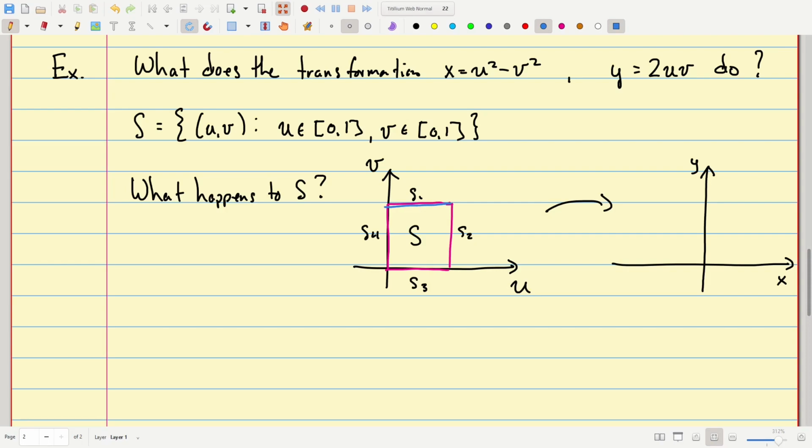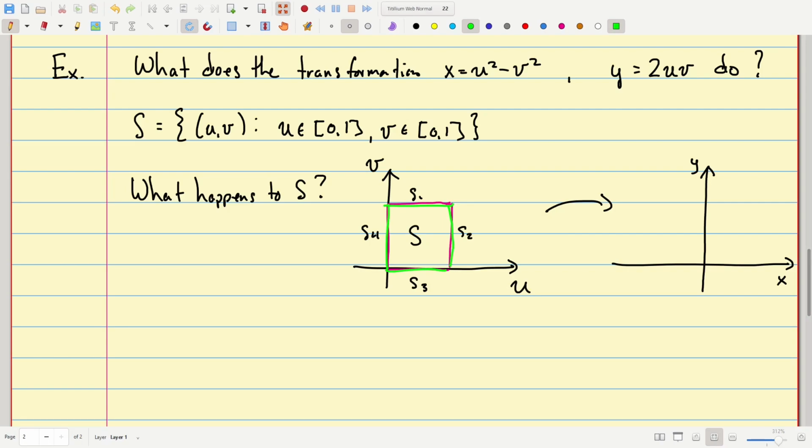So what it's going to do is deform this line. Okay? So the natural way to deal with this is to examine what happens to the boundary. Okay, that's what we're looking at.